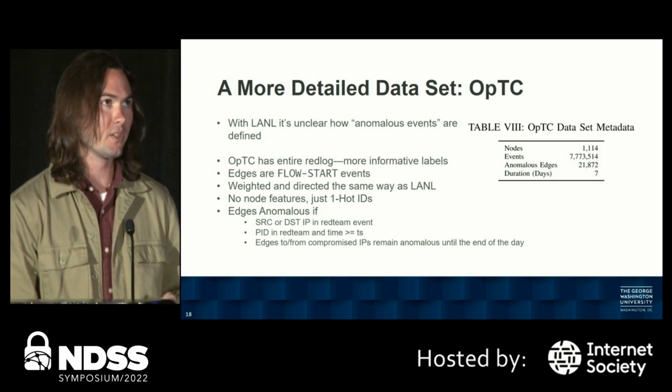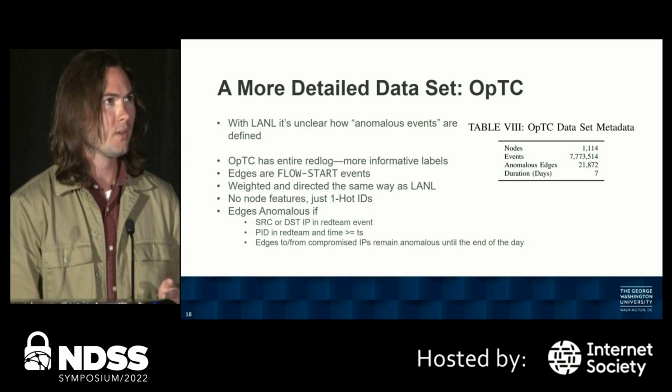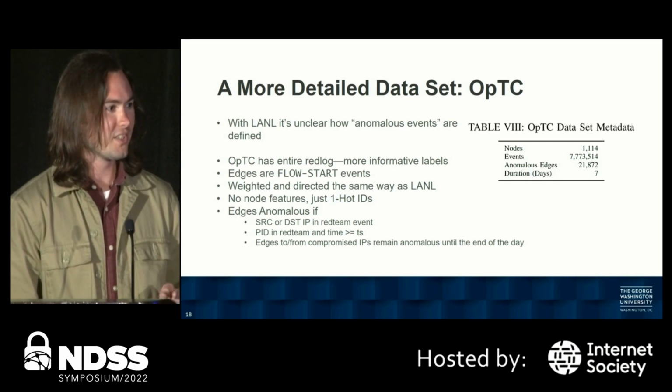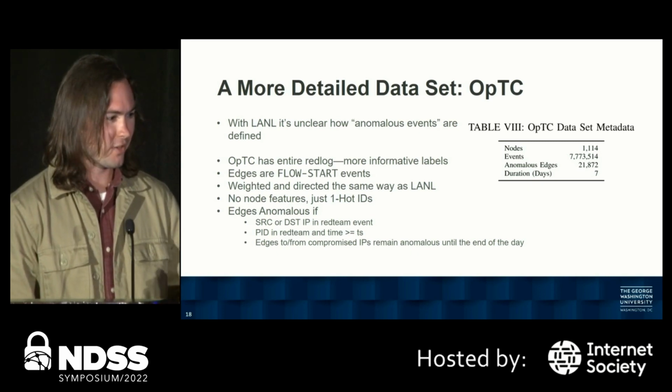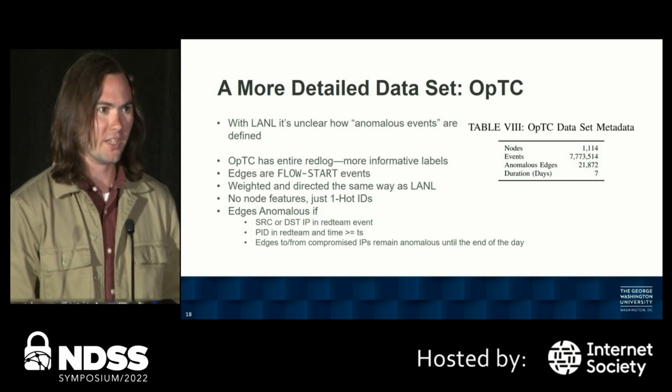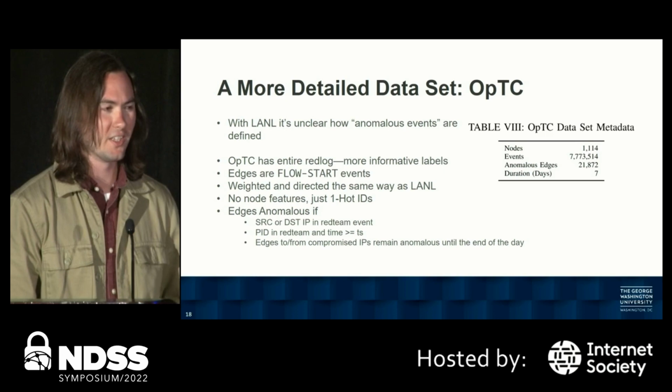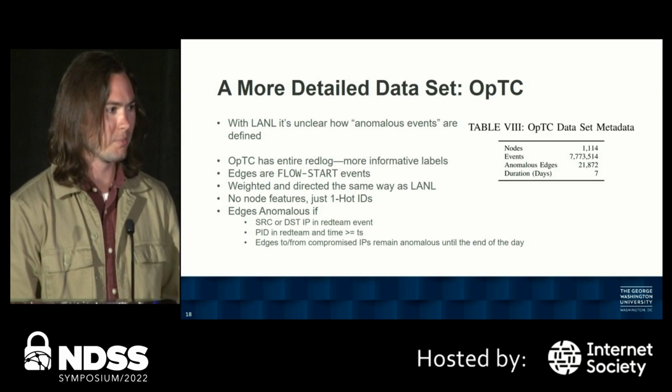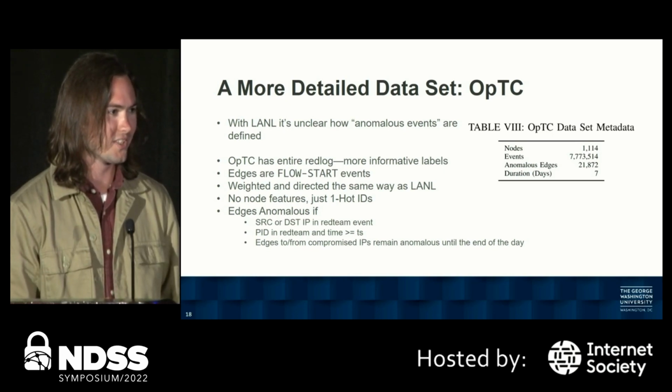OpTC, or Operationally Transparent Computing, is a similar thing. That's from DARPA. I'm pretty sure that it's not synthetic, but it's very anonymized and I think they polish it a little bit before giving it out, but I can't speak to that. There are good papers about OpTC though. I just can't remember them right now.